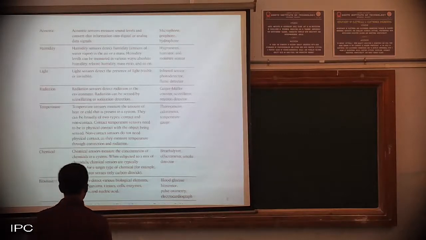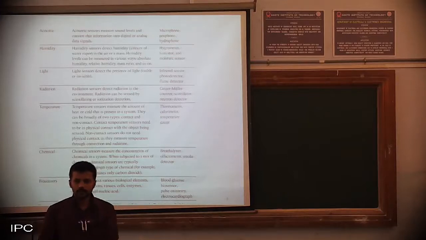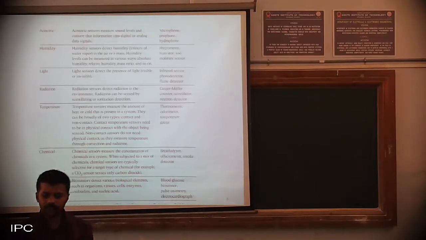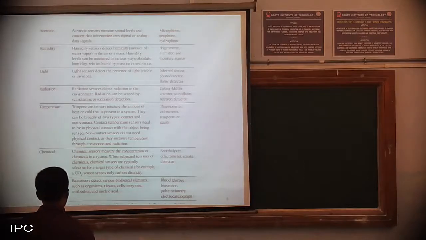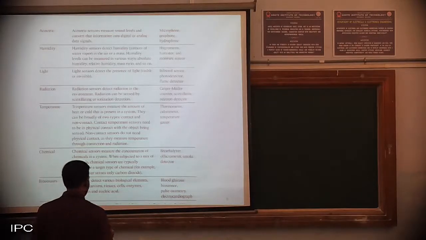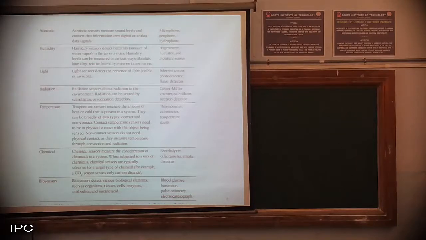Then next is pulse oximetry, which gives us information about the oxygen level in the blood. And then the electrocardiograph, which is used for ECG.